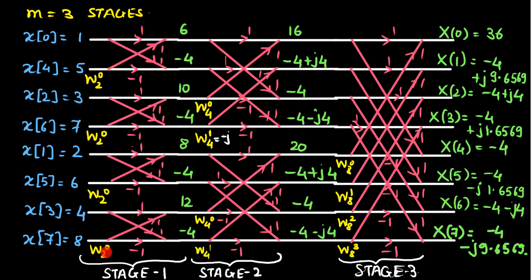So the value of k is from 0 to 0, that is only 0. Thus at the second stage we have 2 to the power 2, that is 4. So 4 by 2 is 2, and 2 minus 1 is 1. Therefore the value of k comes out to be 0 to 1.